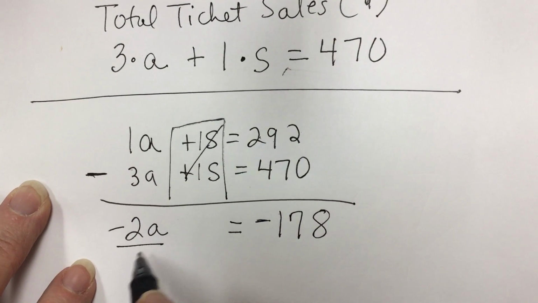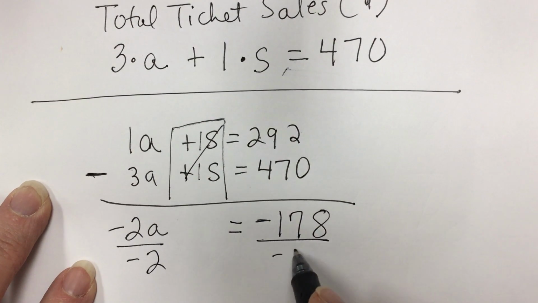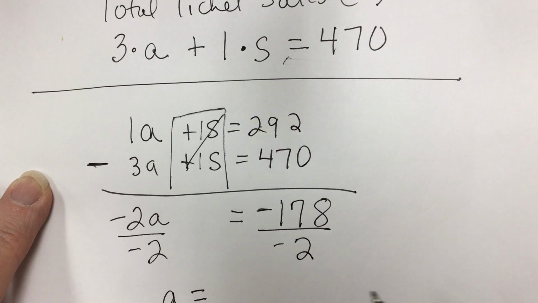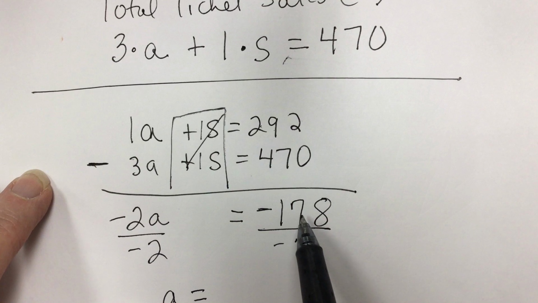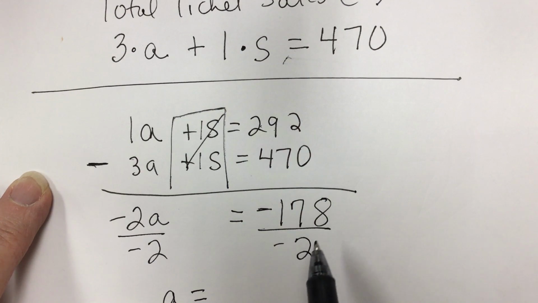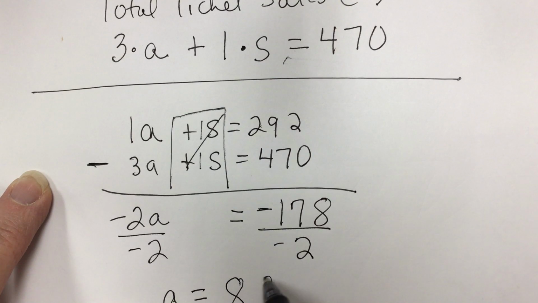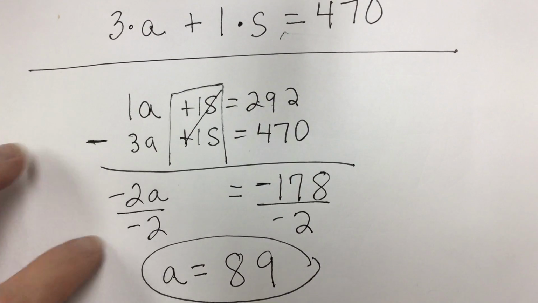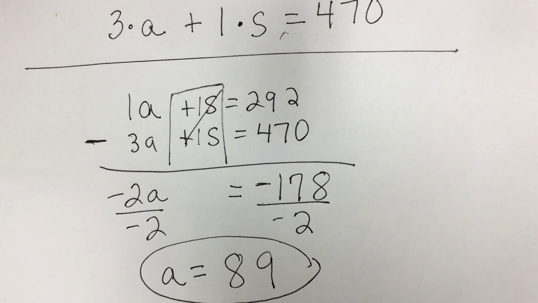To solve for A, let's divide both sides by negative 2. Use your calculator. Negative 178 divided by negative 2 gives you positive 89. So A equals 89. Remember, A represents the number of adult tickets.